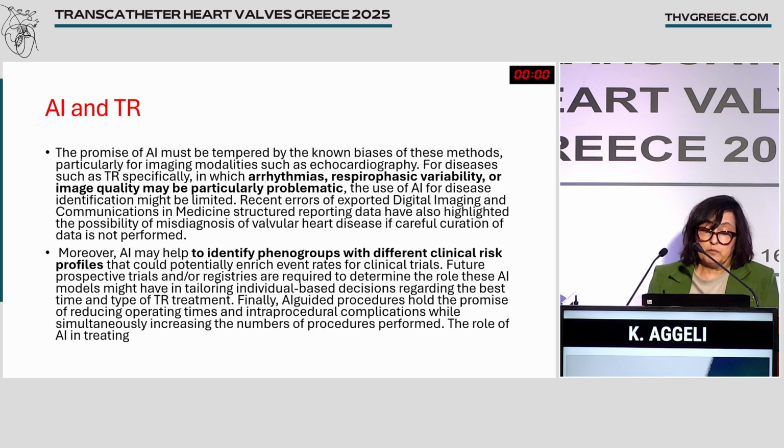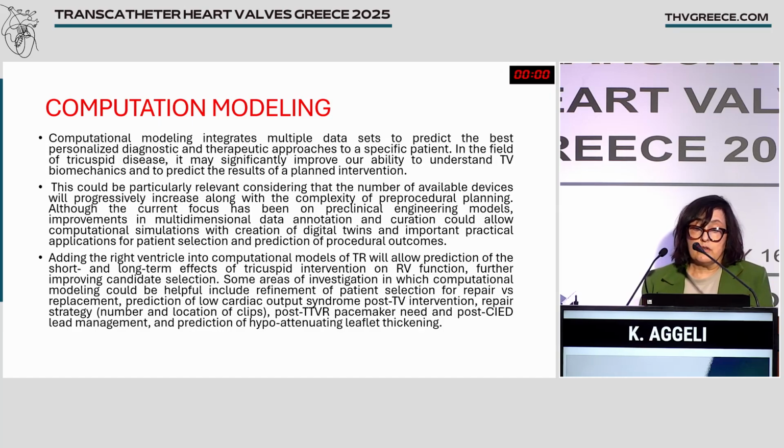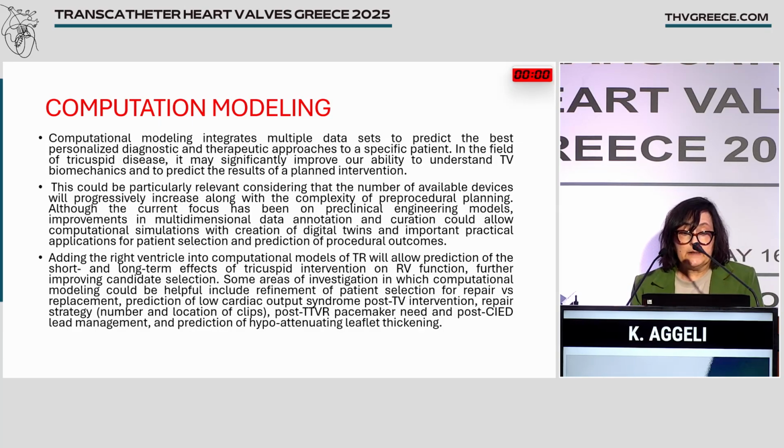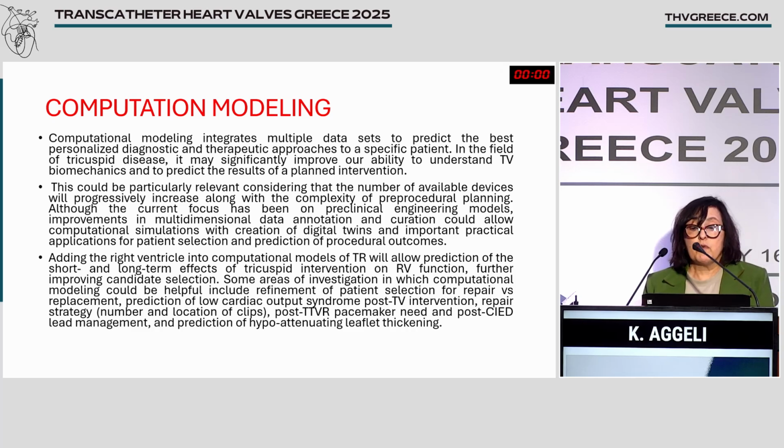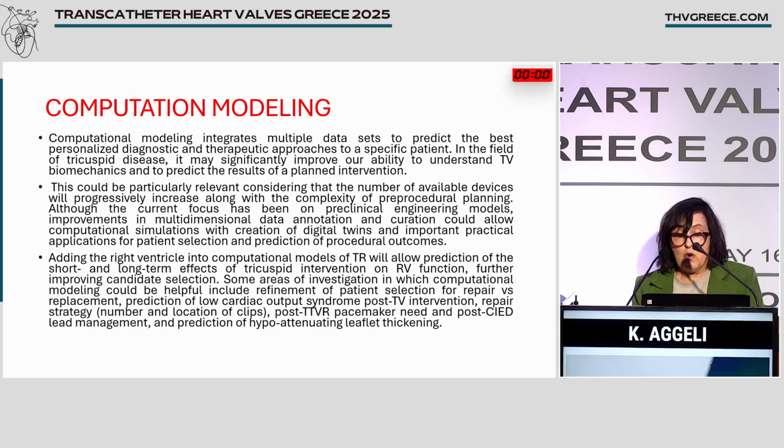But AI may help to identify phenogroups with different clinical risk profiles, and furthermore, computational modeling may significantly improve our ability to understand tricuspid valve biomechanics and to predict the results of a planned intervention. Adding the right ventricle into computational models of TR will allow prediction of the short and long-term effects of tricuspid intervention on RV function.